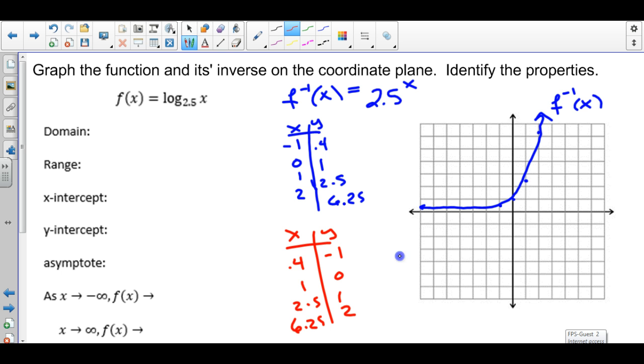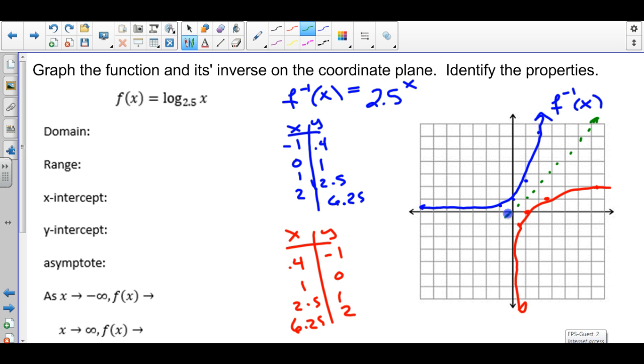And I'm going to plot these four. So I'll go over to 0.4 and down to negative 1, over 1, 0, 2.5, 1, and then 1, 2, 3, 4, 5, 6.25, and up to 2. So you can see that again, it is going to be a reflection over the line y equals x. I'm going to draw that line in so that you can visually see where it looks like it's reflected.